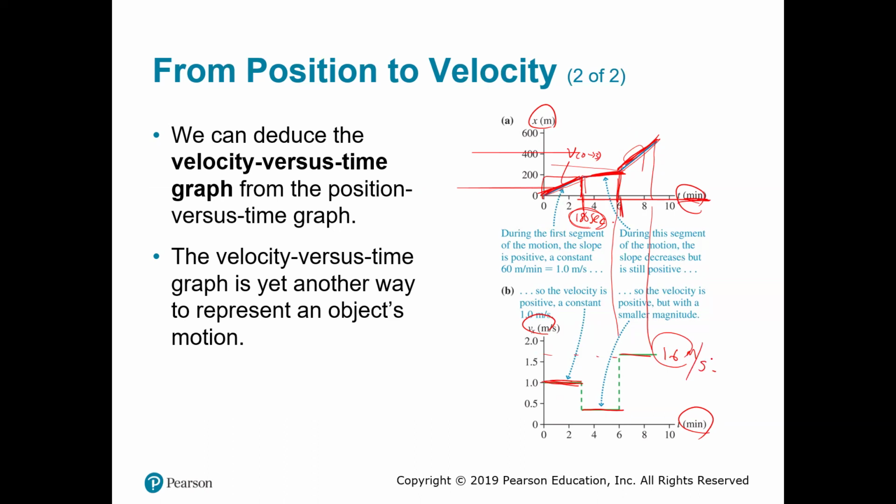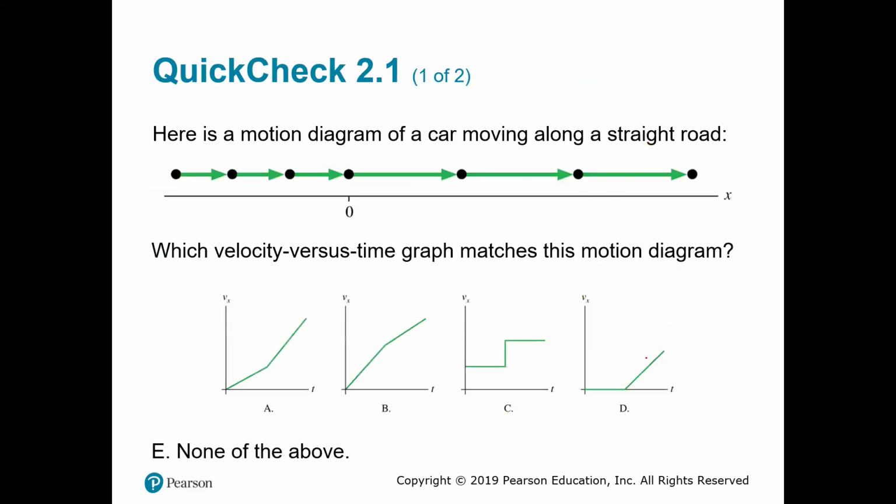So make sure you can always convert an xt graph to a vt graph. Now you can pause the video and solve the question. Here are the times 1 second, 2, 3, 4, 5, and 6 seconds, and you're looking for the vt graph.